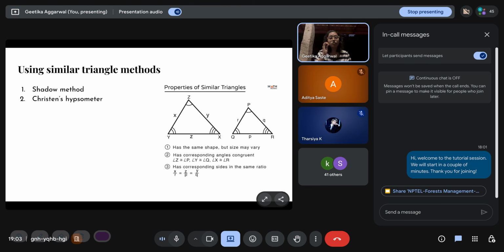Think about the term shadow and similar triangles, and how you would come up with the height of the tree by using shadows? Anybody would like to take a quick guess? It's not that hard.